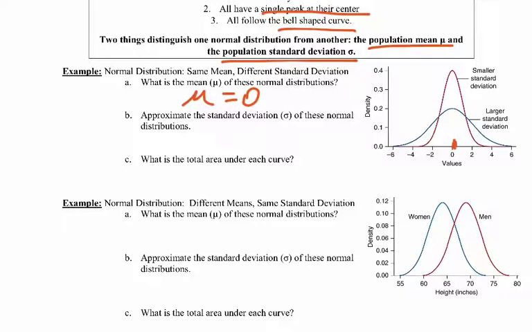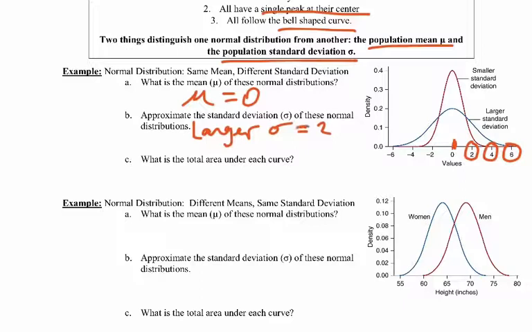If I had to estimate, I would say the standard deviation is maybe 2 units. So this would be 1 standard deviation at 2, 2 standard deviations at 4, and 3 standard deviations at 6. For the larger one, I could say the sigma is 2.